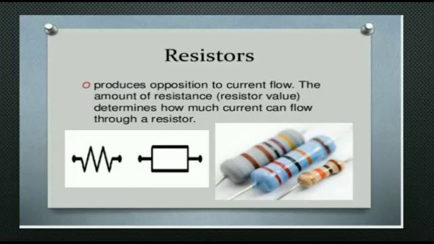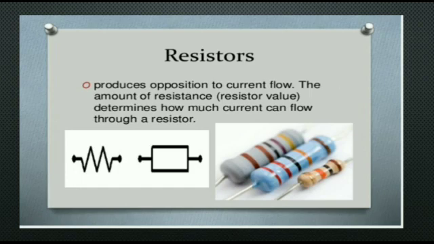The first component is the resistor. We know what a resistor is. This is the picture of the resistor, and this is the symbol of the resistor, right? So a resistor produces opposition to current flow, right?